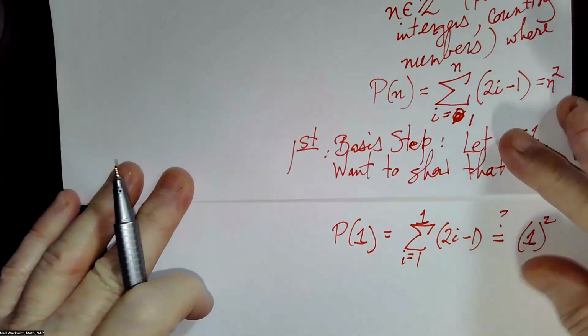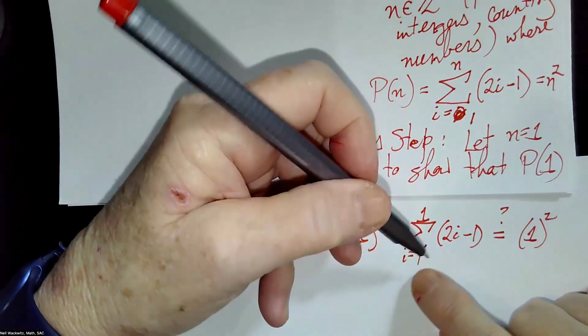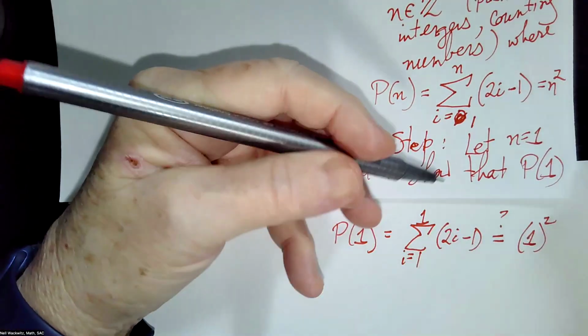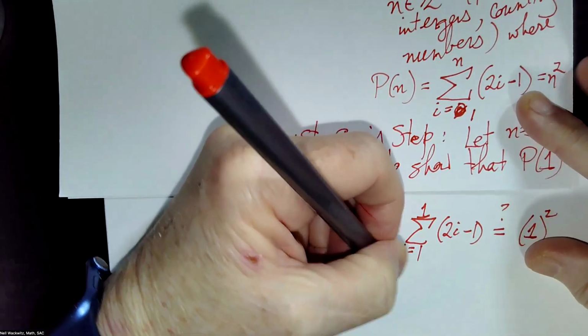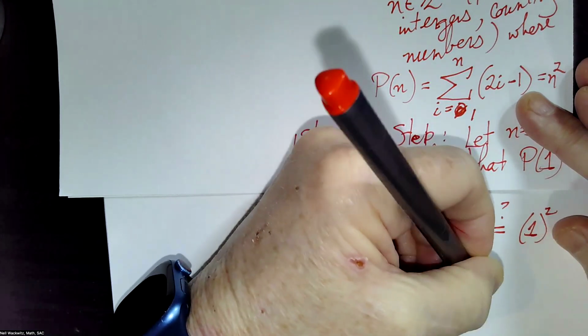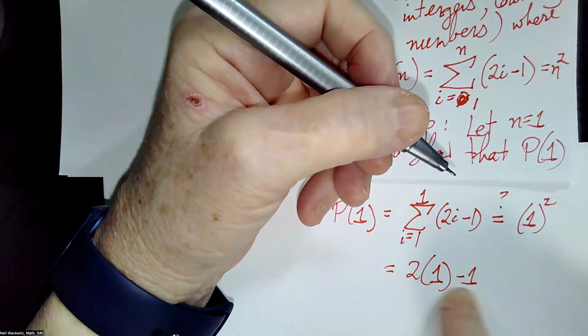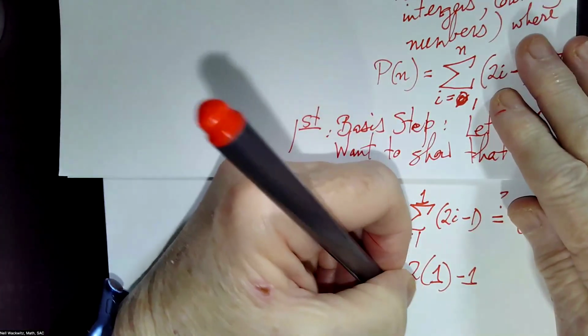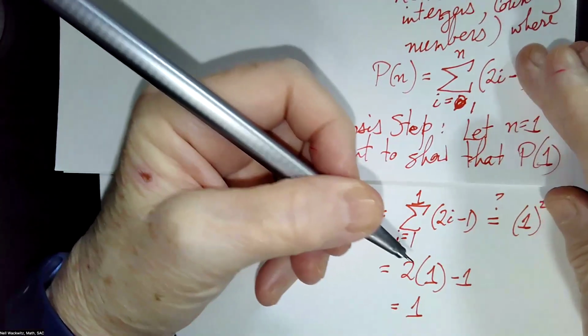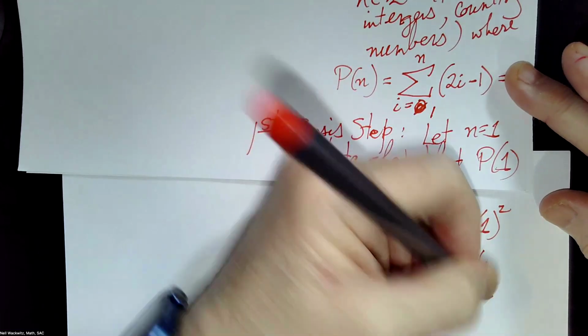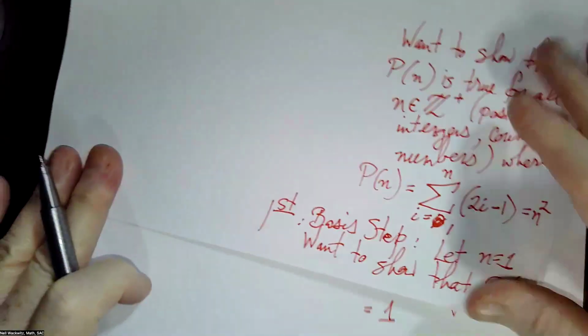Well, let's see. The sum as i goes from 1 to 1 is just 2 times 1 minus 1. 2 times 1 minus 1 is 1, and 1 squared is 1. So the basis step works.